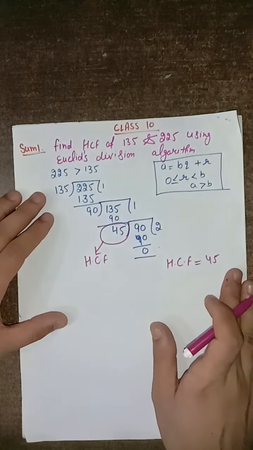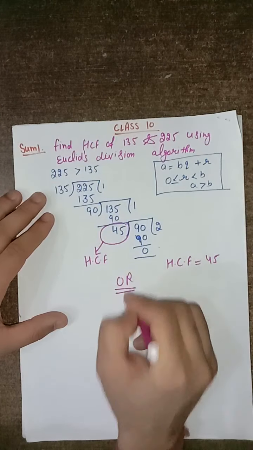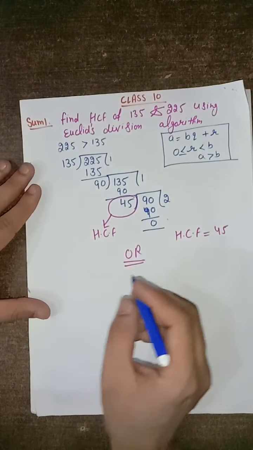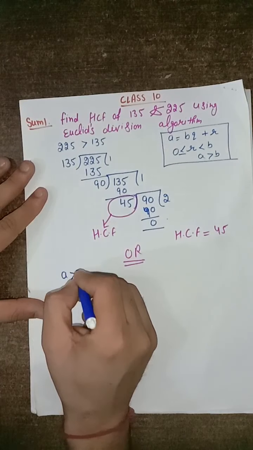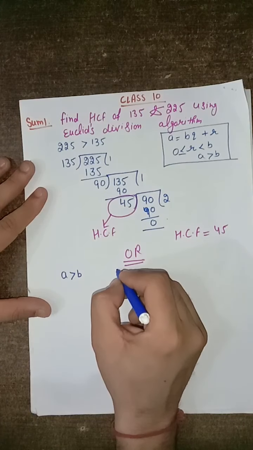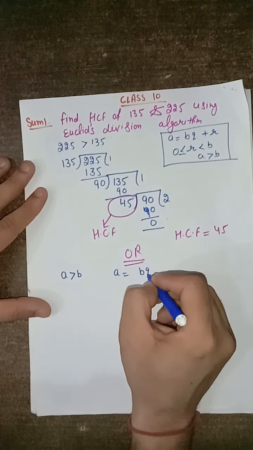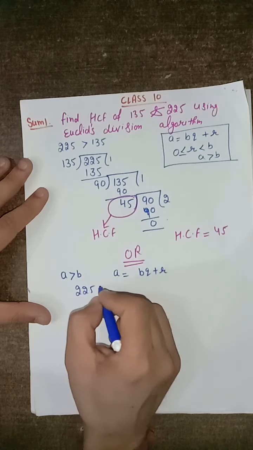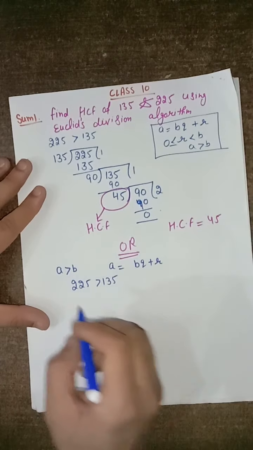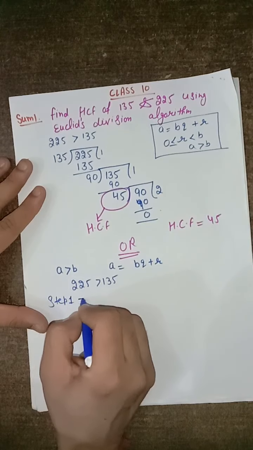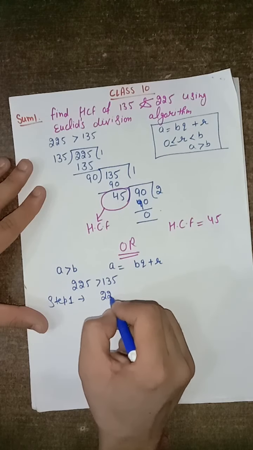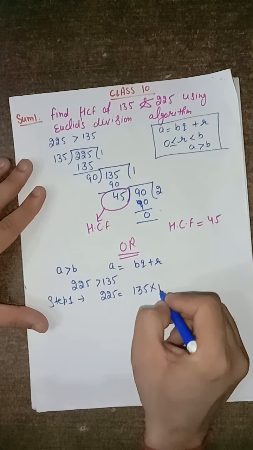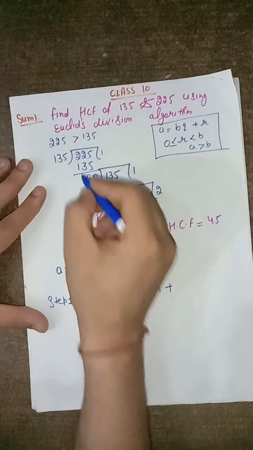You can do it in this way or the way which we have discussed earlier. In this we have discussed that if a is greater than b, then we write a equals bq plus r. Now our number 225 is greater than 135, so the first step will be 225 equals 135 times quotient 1, and the remainder becomes 90.